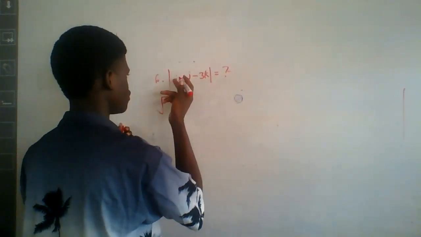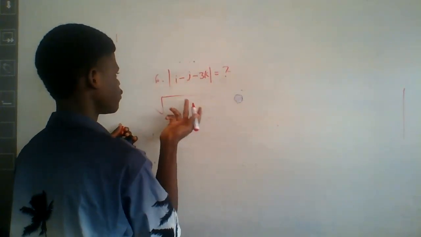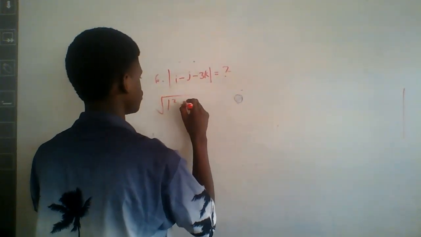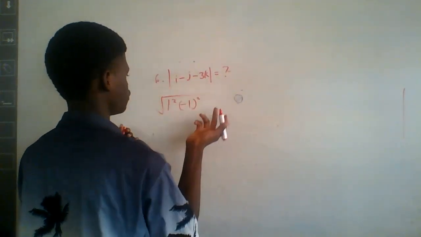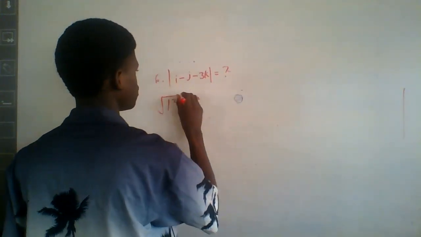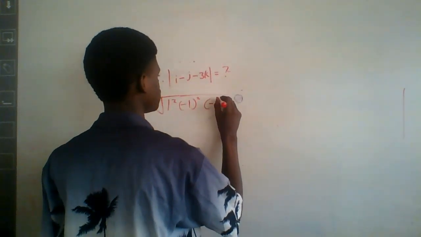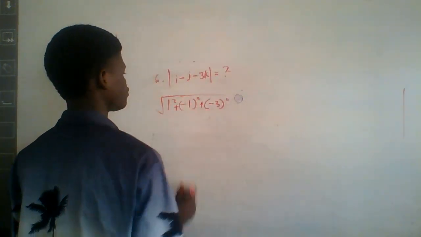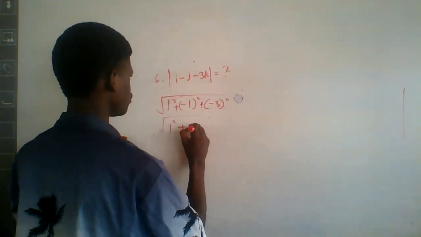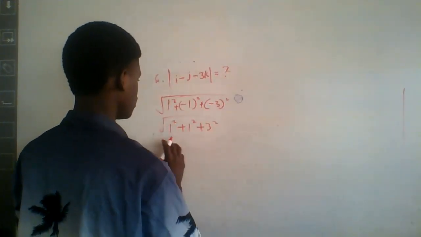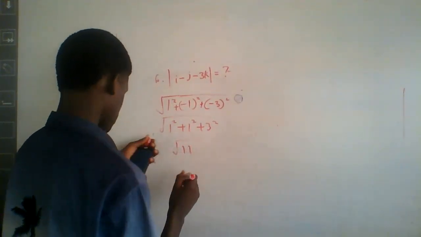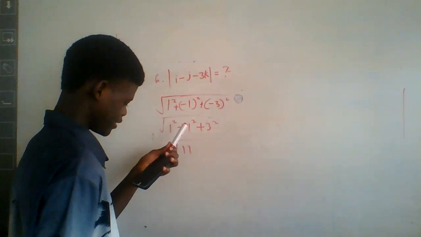So that will be 1 squared plus minus 1 squared, which is also plus, and minus 3 squared. So we get 1 plus 1 plus 9, then 11. That's root 11, and the answer is C.